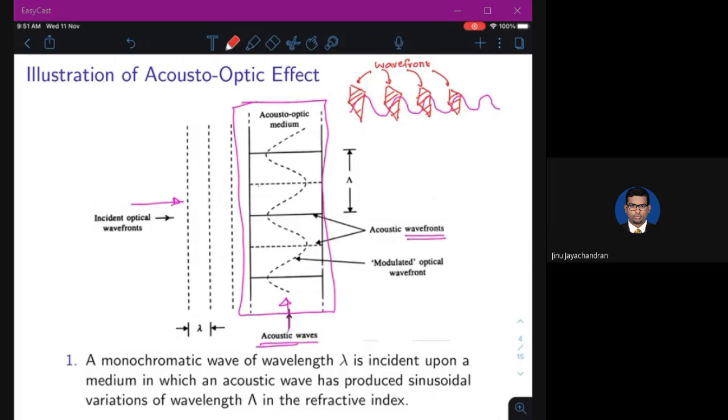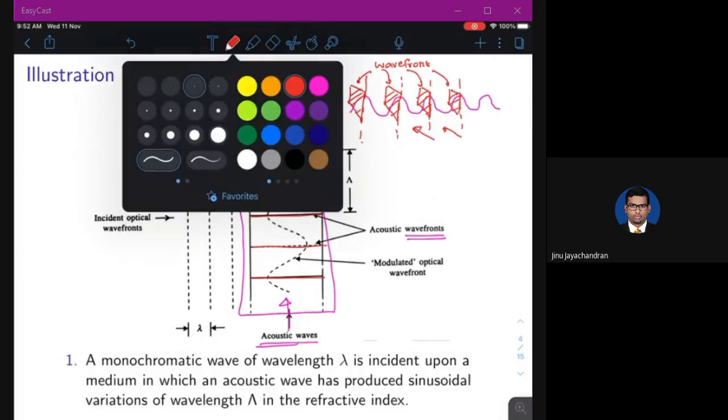Okay, so if you look at this wave from the front along this direction, let's say from here, you see a straight line. There's a straight line here, and a straight line here, which is shown here. So these are the wavefronts of the acoustic wave, and these are the wavefronts of the optical wave.